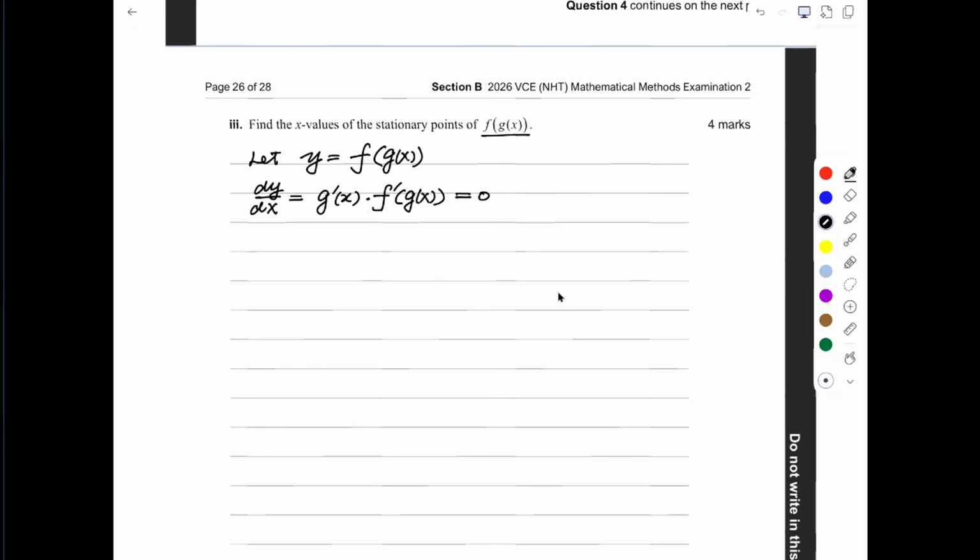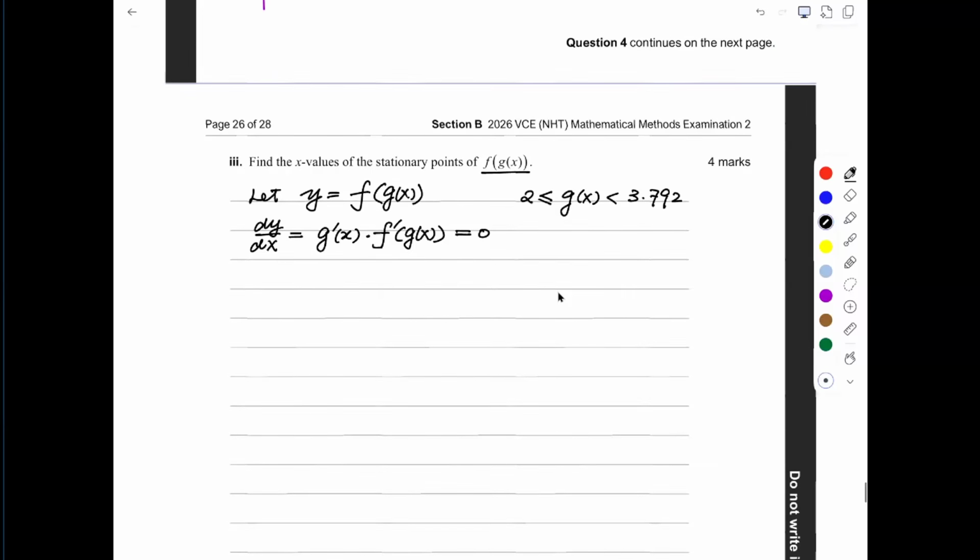And also, because g can only take the values between 2 and 3.792. So case 1, we get g'(x) equals 0.